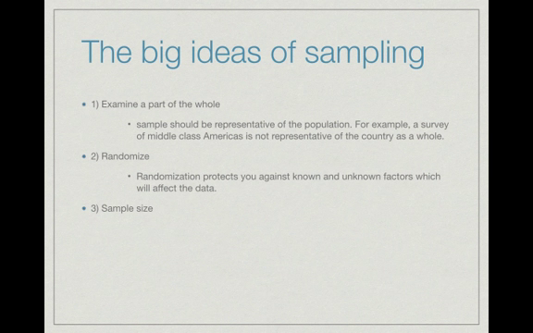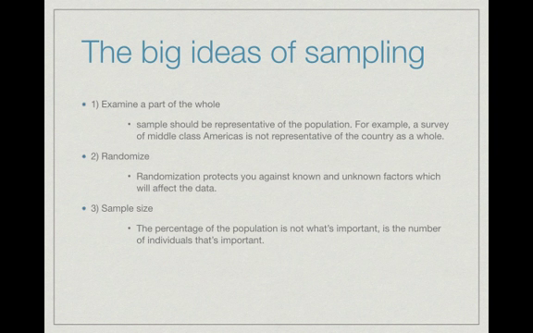We're probably not going to be able to survey very many at all. So really our sample size might be a little bit out of our hands. One thing to keep in mind is it's not the percentage of the population that's important, it's the number of individuals that's important. So we want to focus on the number of individuals that we have.